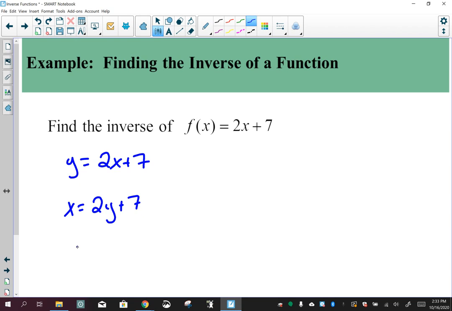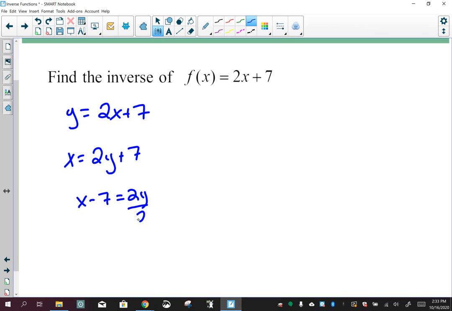So I'm going to move my 7 over. And then I'm going to divide the whole thing by that coefficient. And since there's nothing else to do with that, I'm going to represent that as y inverse.